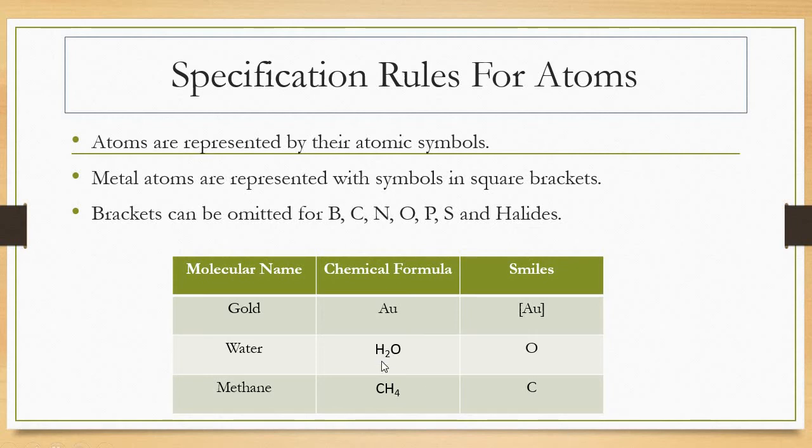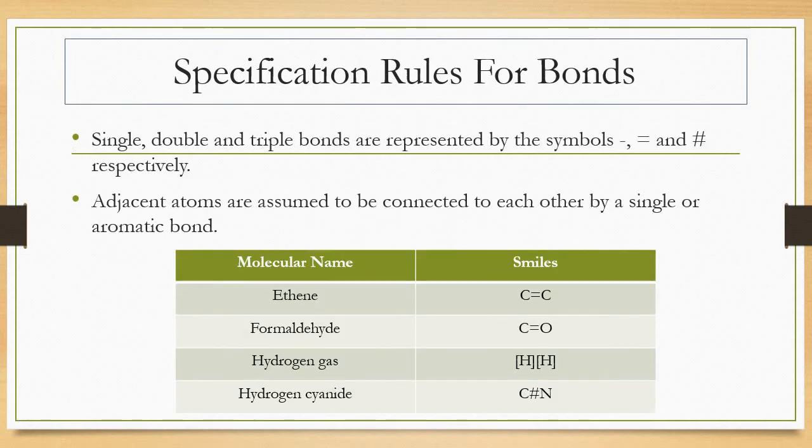So we need not write the number of hydrogens in the SMILES. For methane, the chemical formula is CH4, but it is written as C, as I have already said that if the brackets are omitted, then the proper number of implicit hydrogen atoms is assumed. Now coming to the specification rules for bonds.